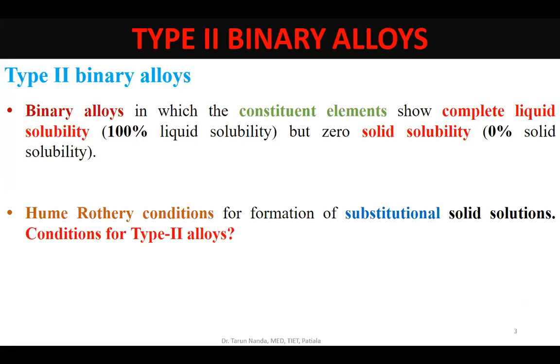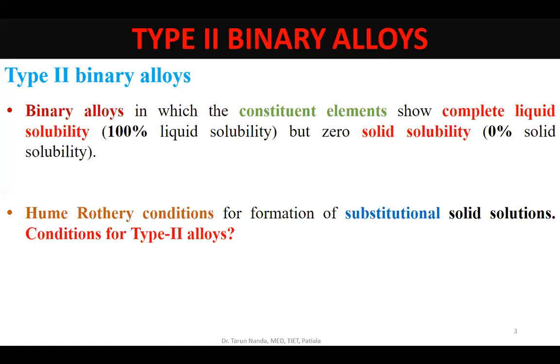If you remember, we had discussed that for formation of solid solutions, particularly the substitutional solid solutions, Hume Rothery had given some rules, and these were 4 rules. For formation of a good substitutional solid solution, these rules must be obeyed.